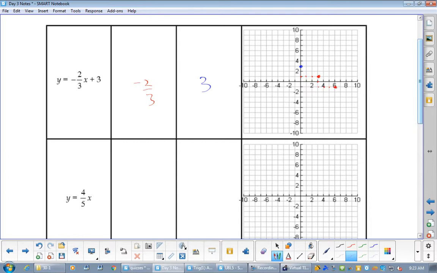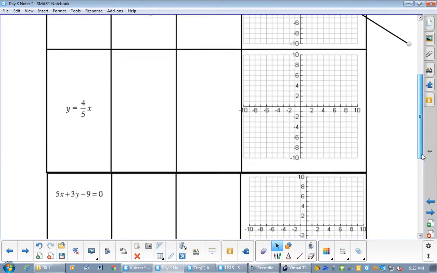Okay, so yes, you only need 2 points to do a line, but 3 is better than 2. You can see how much easier it is for me, who doesn't have a ruler, to just put nicely over. It is easier for me to draw a more accurate graph with 3 points when they're farther apart.